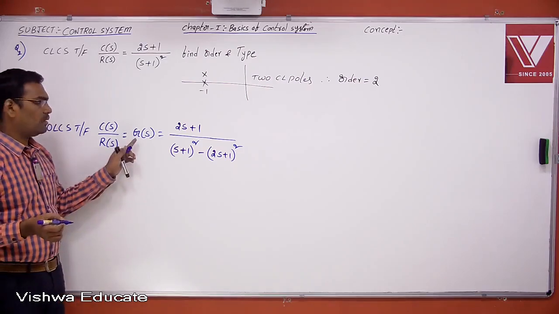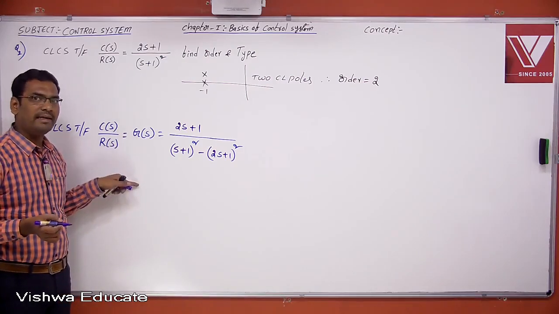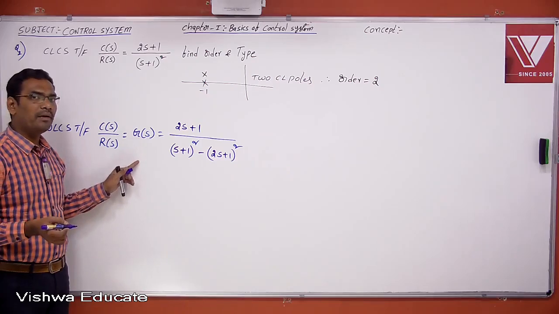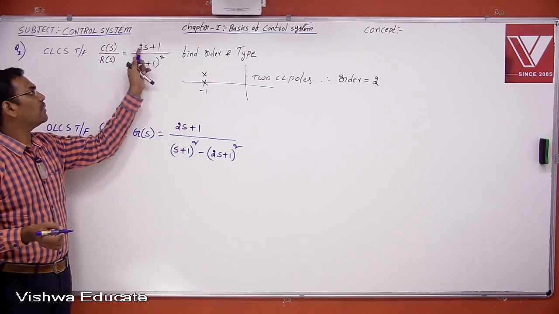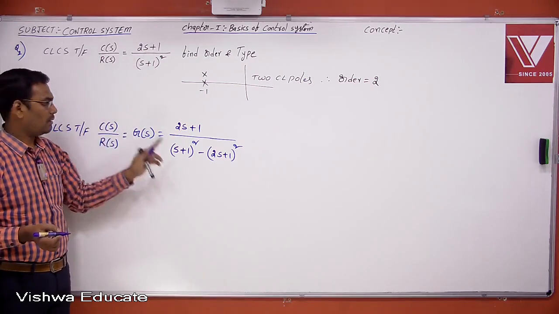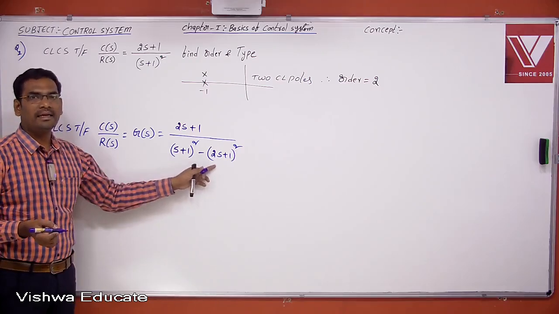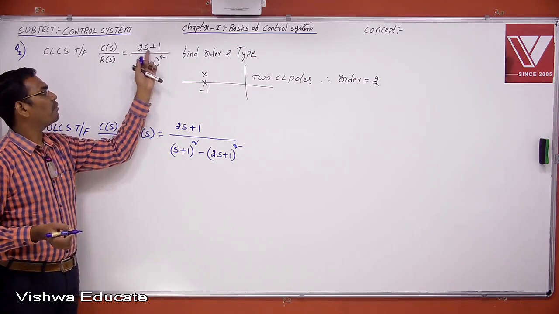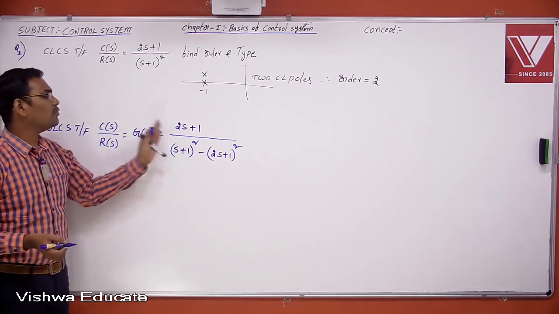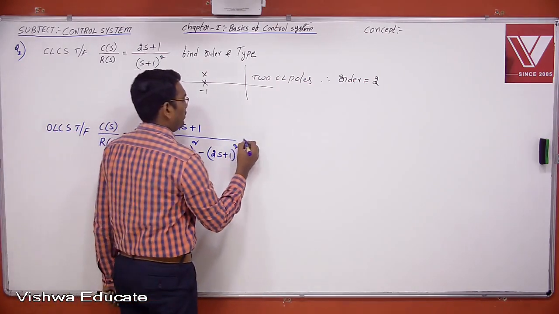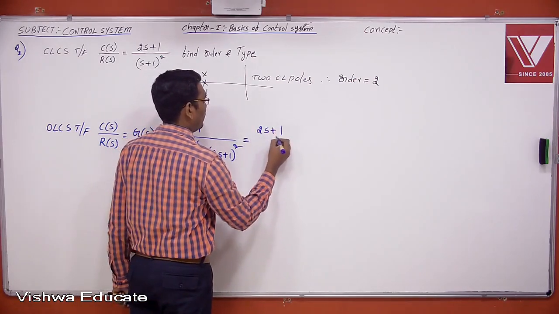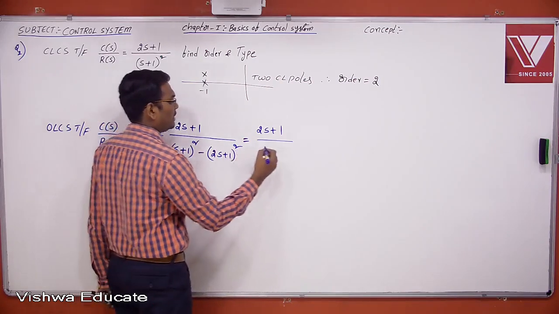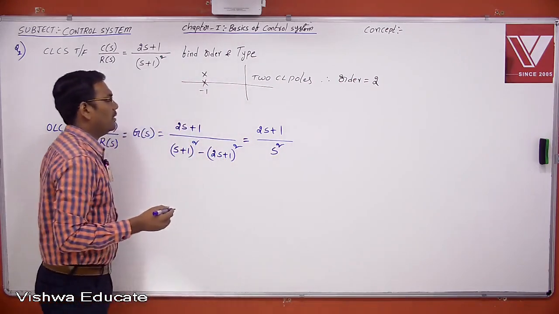Once again, I want to identify the open loop control system from the closed loop control system, and with the shortcut method the answer is directly obtained: the open loop numerator is the same as the closed loop numerator, and the open loop denominator is the closed loop denominator minus the closed loop numerator. This directly gives the open loop transfer function, which is (2s+1)/(s^2+1-1), and if you simplify, s^2+2s+1-2s-1, the 1s cancel and the 2s terms cancel, so this is (2s+1)/s^2.